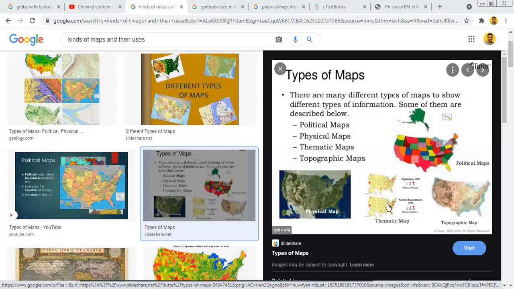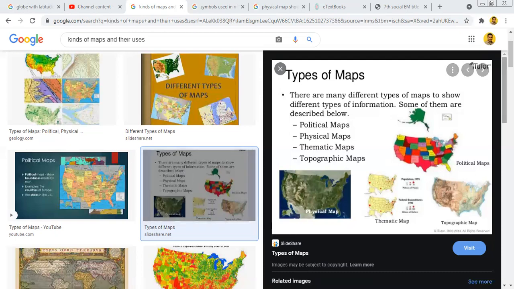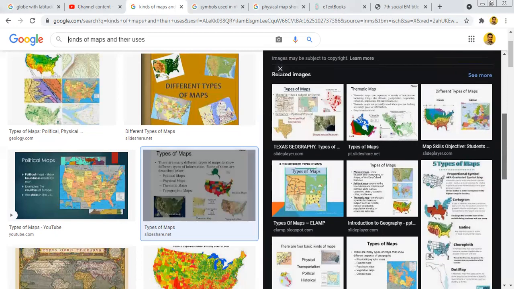Next, topographic maps. A topographic map explains about the land records, different lands. So we use different maps for different information. Clear? You can observe here all the maps shown with different colors.